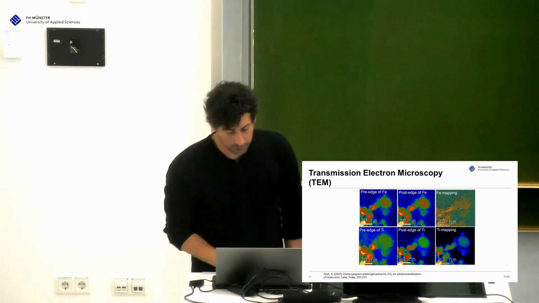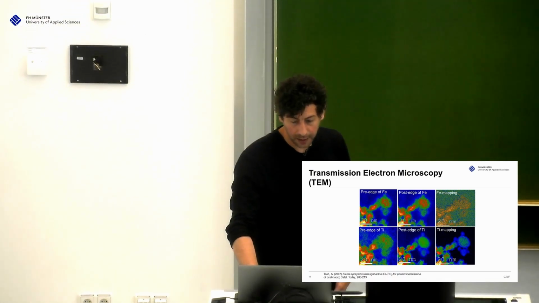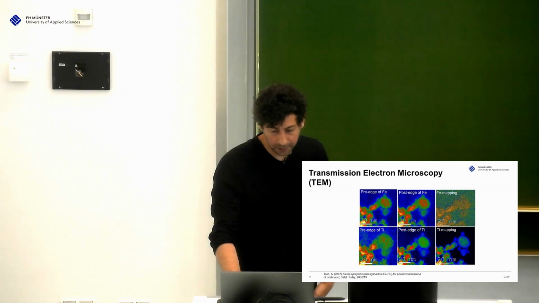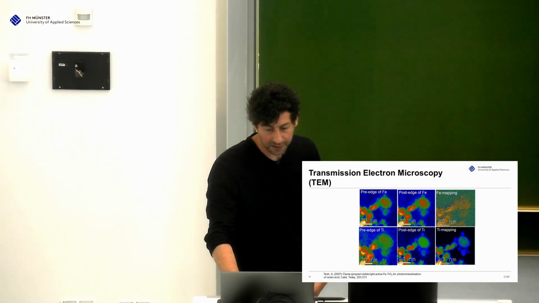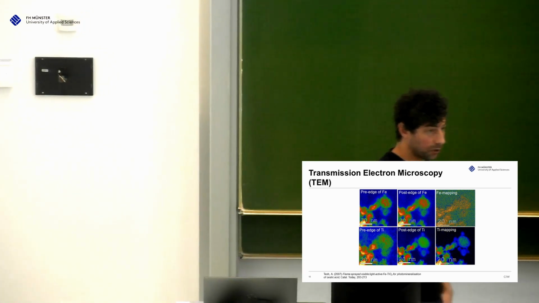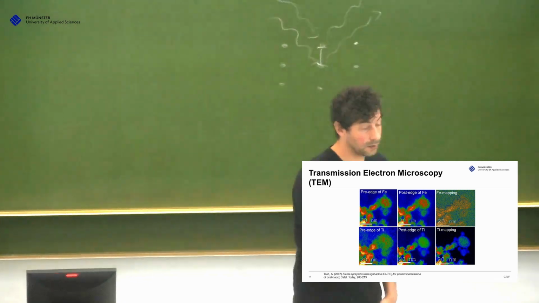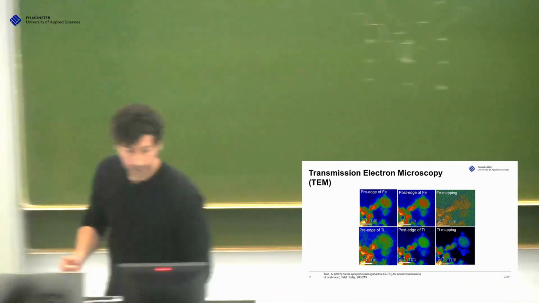And this is what you see here. So you see that here is Ti mapping. So we see where is the Ti in the doped TiO2, and here is Fe mapping. So where is the iron? And then you see that the iron is very well distributed in these structures. So we get an information where is the material in our structure.